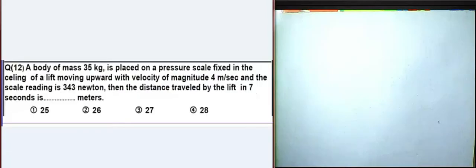Another question. A body of mass 35 kg is placed on a pressure scale fixed in the ceiling of a lift moving upward with velocity of magnitude 4 meter per second, and the scale reading is 343 Newton. Then the distance traveled by the lift in 7 seconds equals blank meter.